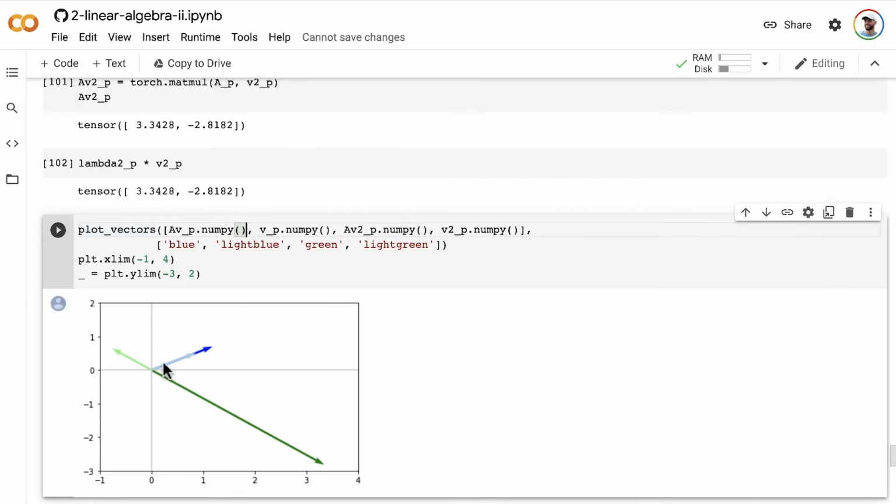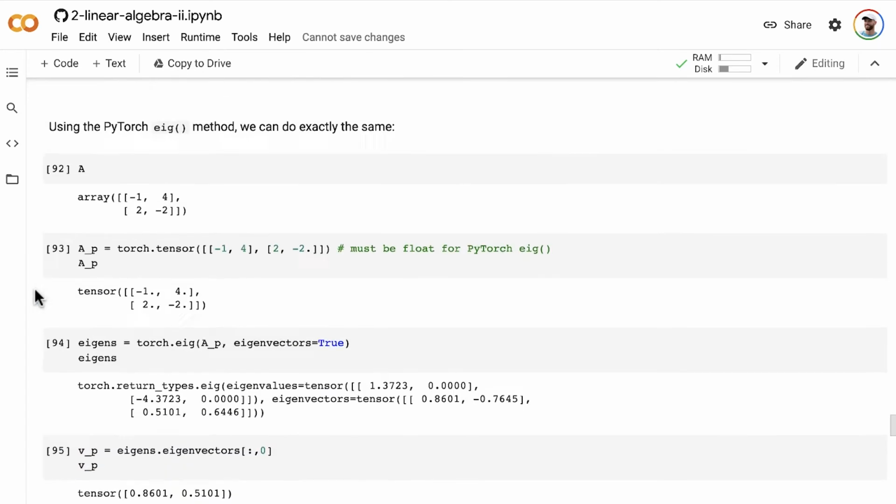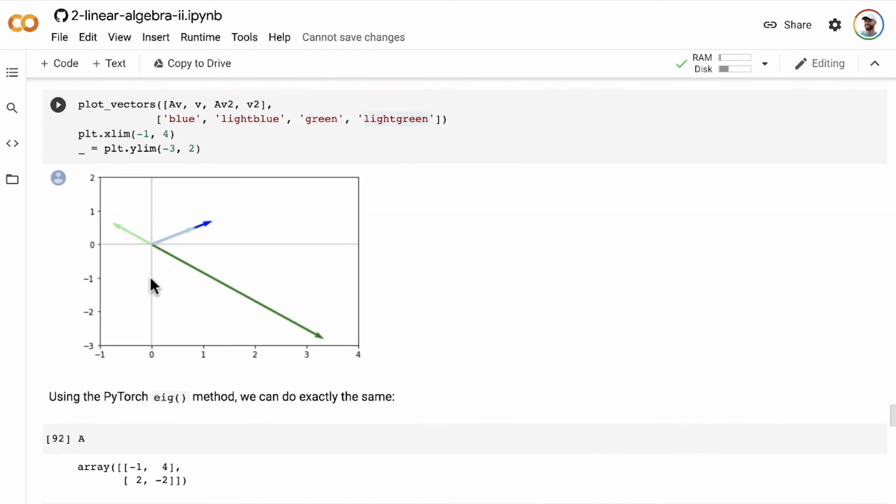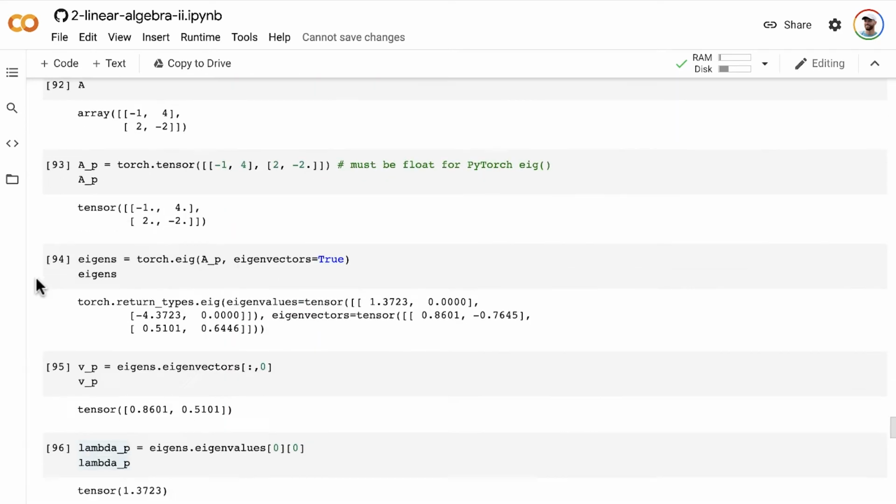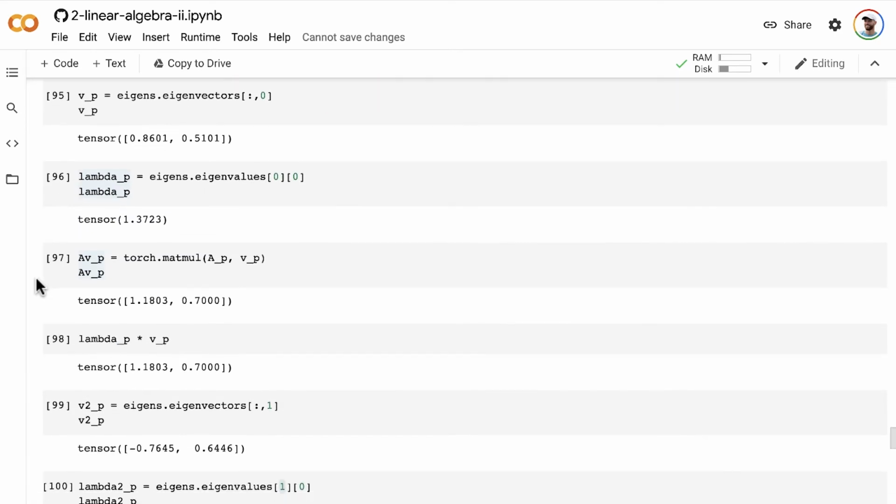As you can see, we get exactly the same eigenvectors both before and after transformation by the matrix A, whether we use PyTorch or whether we use NumPy. And that shouldn't be surprising because the math should be identical. It shouldn't matter which library you use.